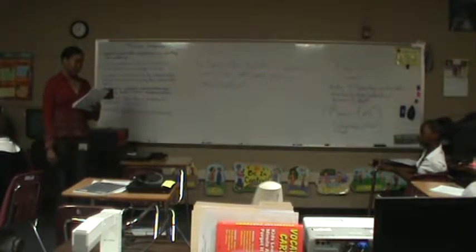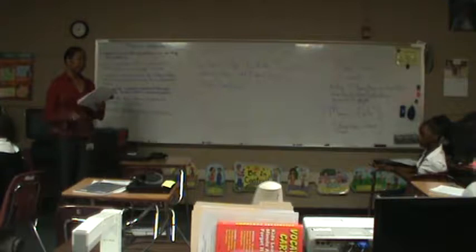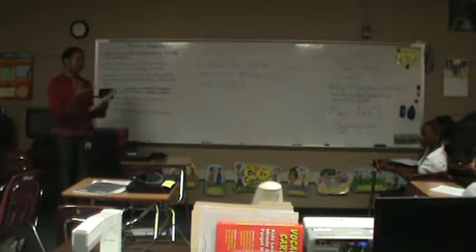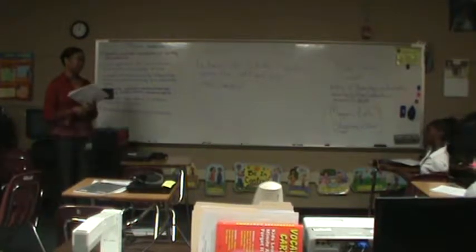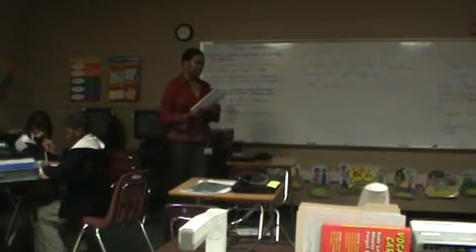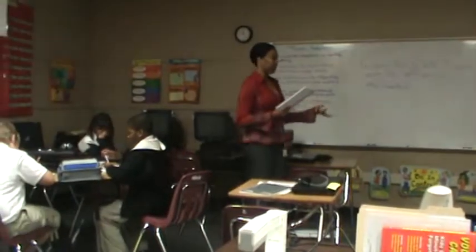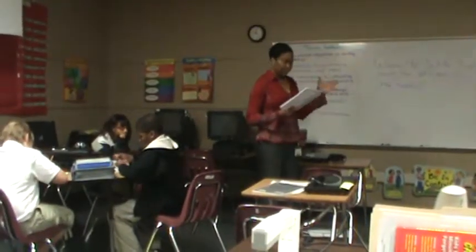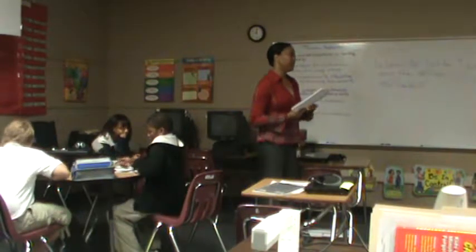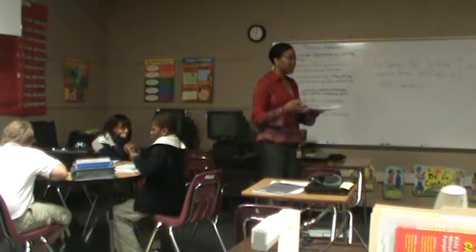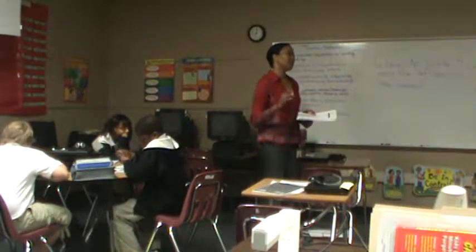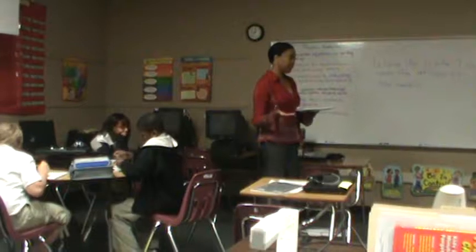Good job. On the sheet it has comfortable. The key word is comfort, so comfortable means comfort can be done. It really explains the word better. If you know what the prefixes and suffixes are, it will help you define what the word really means.